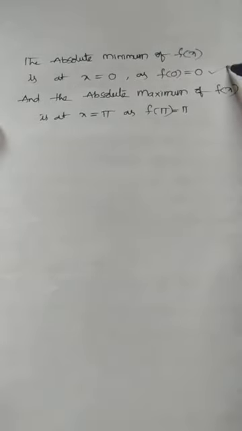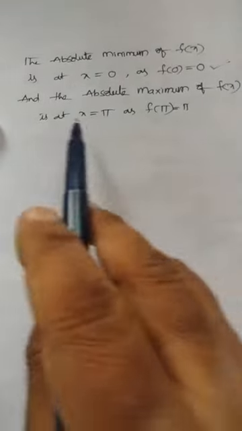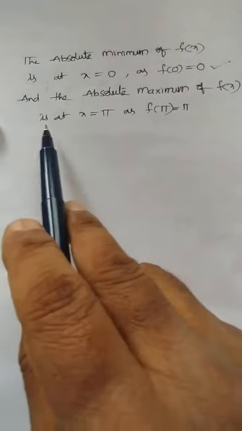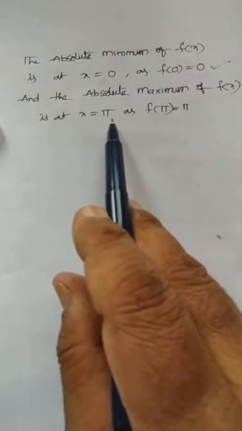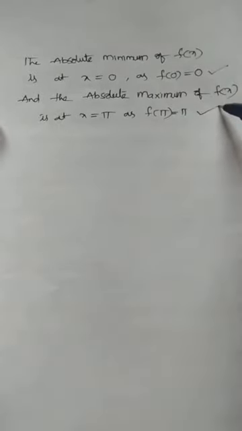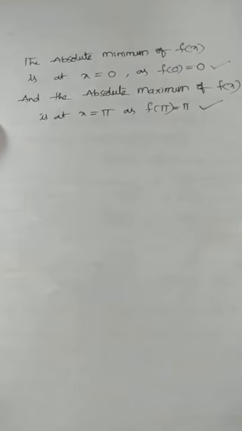This is the absolute minimum. And the absolute maximum of f of x is at x equals pi, as f of pi is equal to pi. This is the absolute maximum. These are the required things we have to find as per our problem. So we got the answers.